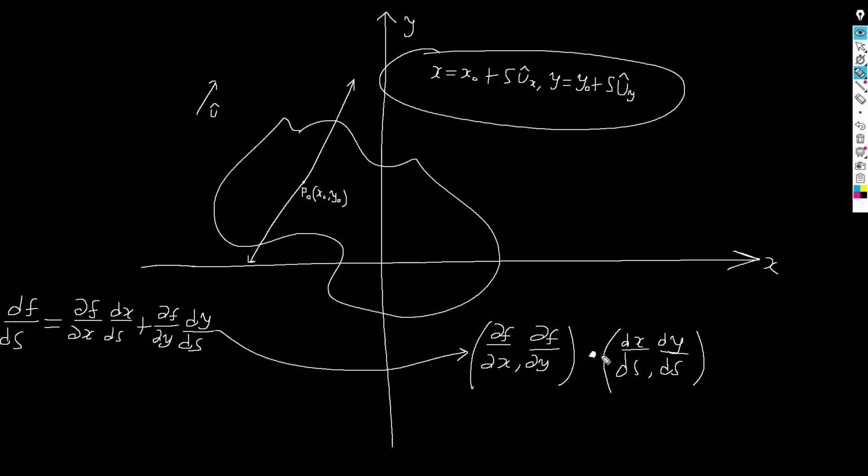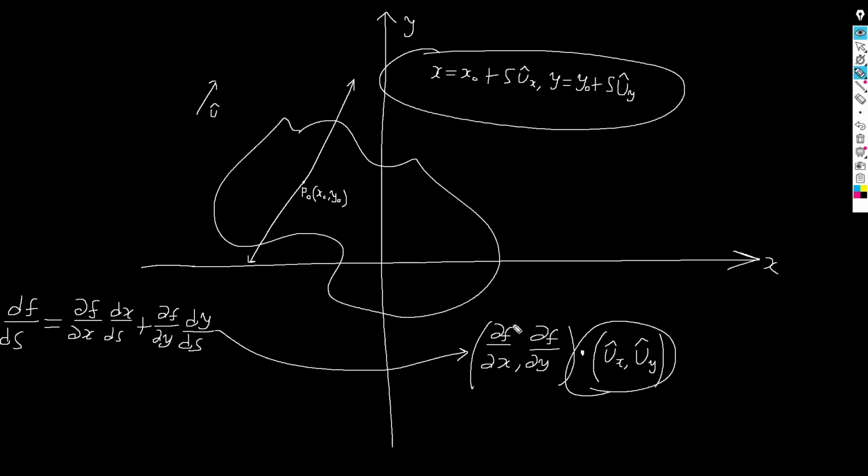I actually went over this in the last video. Please watch that if you haven't. But this right vector here can just be rewritten as (ux, uy), which is literally just u hat. So this is just the definition of a vector.